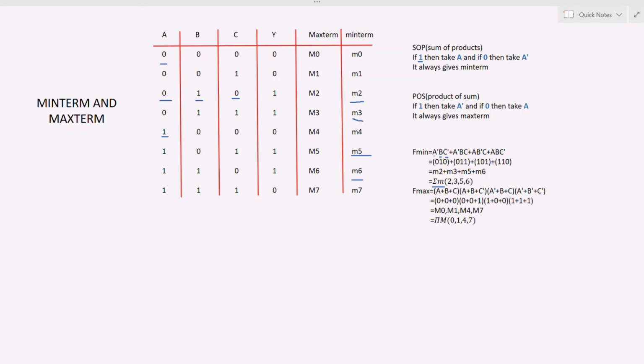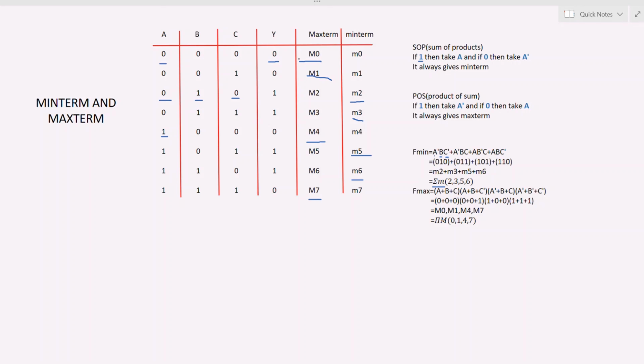We can do the same for maxterm as well. Here what we need to remember is, in maxterm the equation should be written in POS form, and if the variable is 0, then we have to take the variable itself, and if it's 1, we need to take the complement of that variable. Now let's see for maxterm. Here it is 0 for M0, M1, M4 and M7. So corresponding variables we need to represent in the equation.